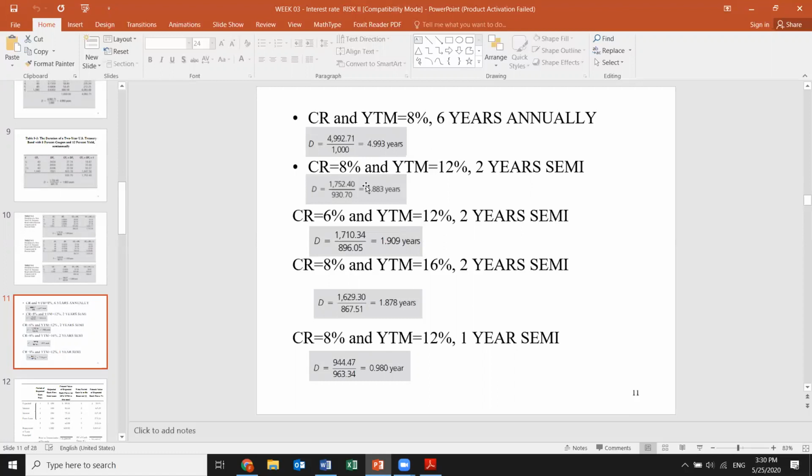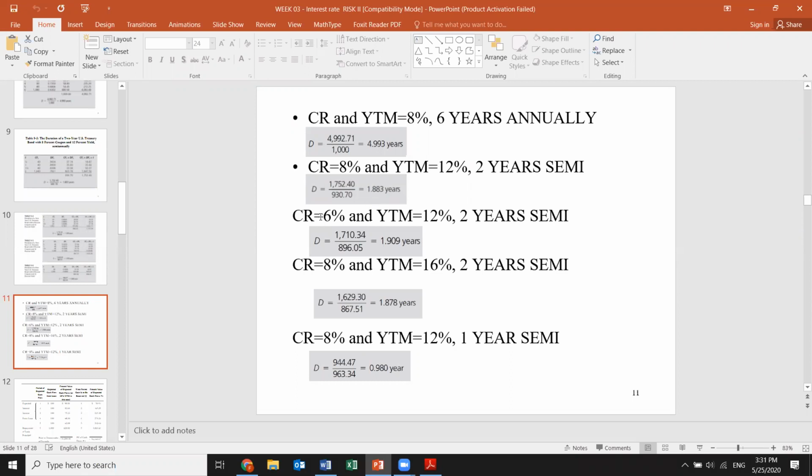So there are two effects. One is the YTM effect. The other one is the maturity effect. As I told you at the beginning, there is an inverse relationship between the YTM and the duration. As you increase the YTM, the duration goes down. And of course, there is a positive association with the maturity of the debt security. As you reduce the number of years, that will reduce the duration as well. So there are two effects, but more effect comes from maturity itself.